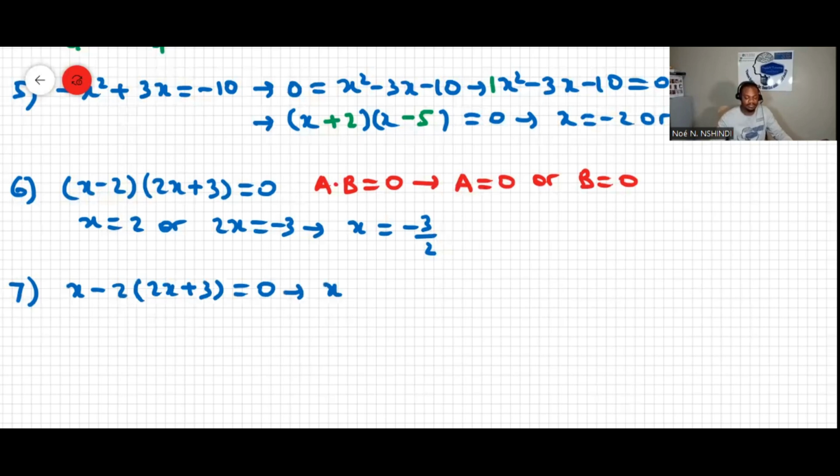So this is going to be x minus 2 times 2x, negative 2 times 2x makes negative 4x, and then negative 6 equals 0. Now x minus 4x makes negative 3x... we have negative 5x equal to 6. To get the value of x, we divide by negative 5 on both sides, so x will be equal to negative 6 over 5.